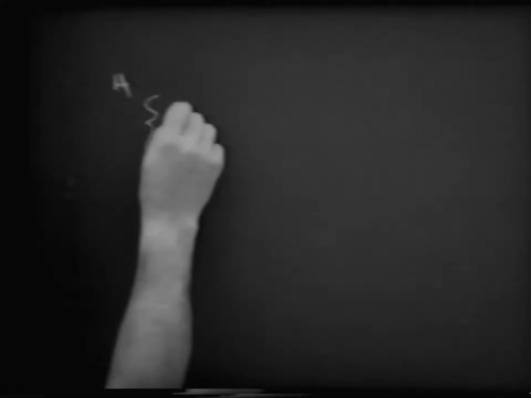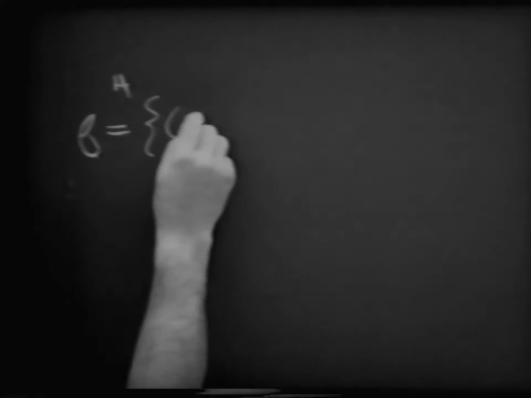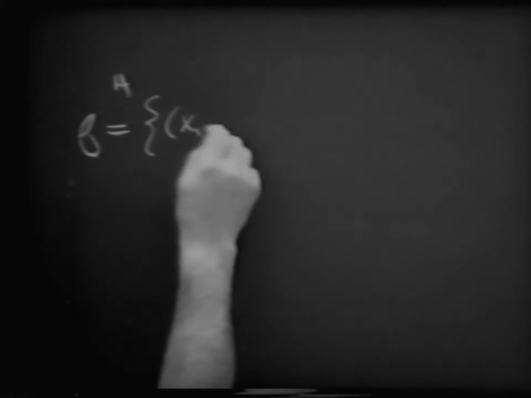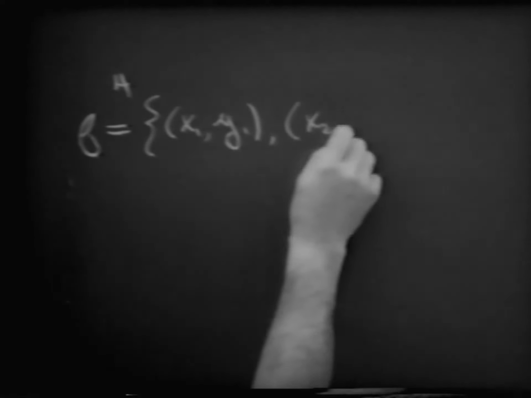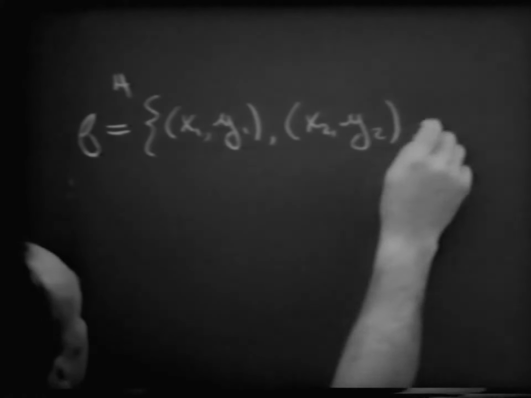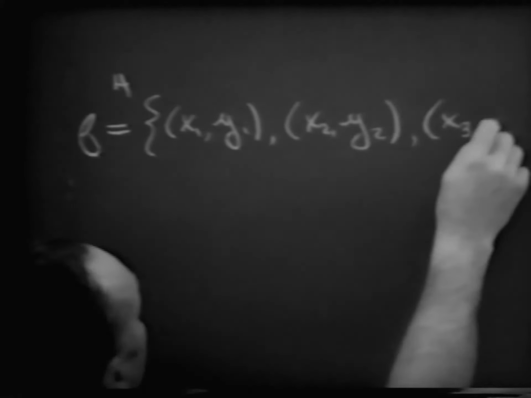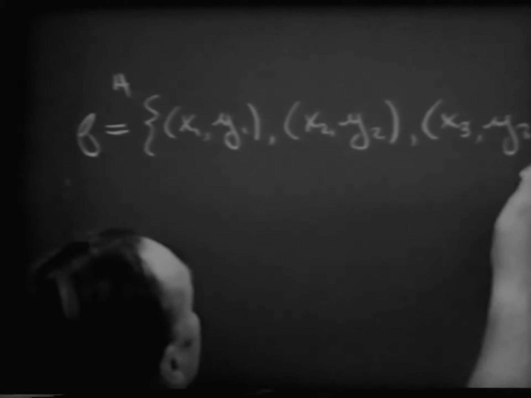Well, let's look at another idea. Suppose we were to write our function, our f function, say, if this is our f function, let's write it going back to the original case as we had there as an ordered pair. Okay, x sub 2 comma y sub 2, and then x sub 3 comma y sub 3 was our f function.